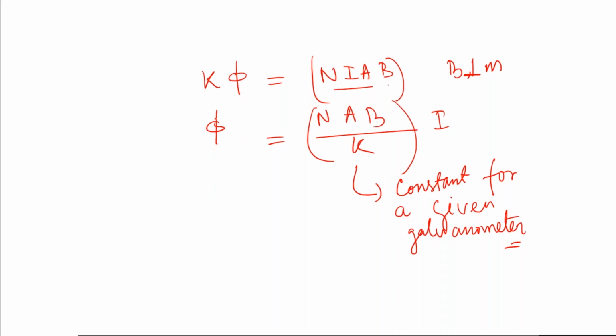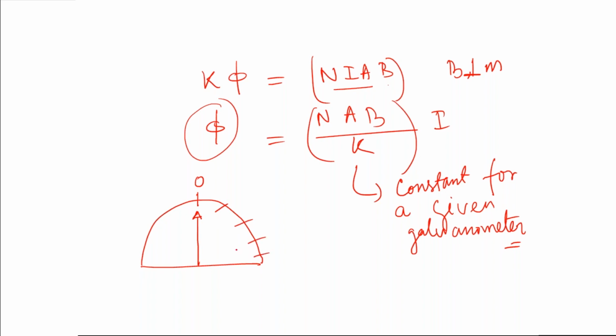And look, current sensitivity. This is actually the angular deflection of the pointer, and my galvanometer is something like this. There will be a neutral point, a zero line over there, and your pointer will be somewhere here. The zero line is when there is no current in the coil, and when there is a current, it can deflect from the zero line either to the right hand side, and similarly it can deflect to the left hand side also.